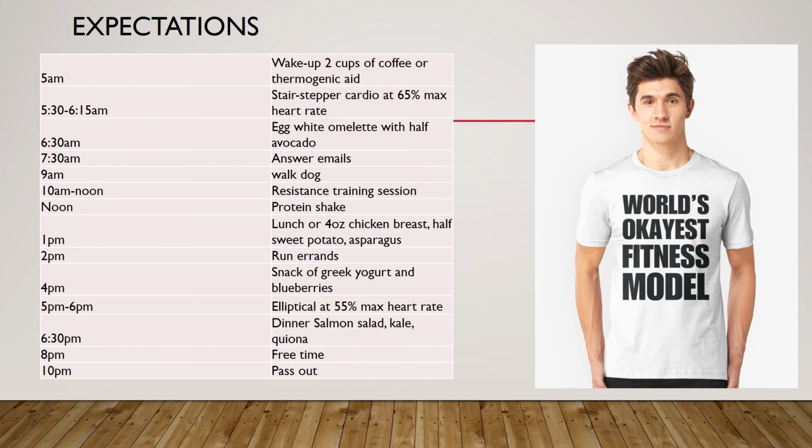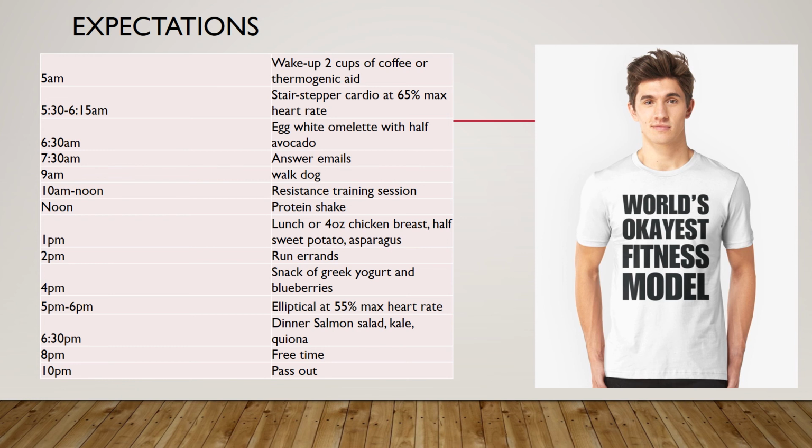So if we look at this right here, they wake up, 2 cups of coffee or some type of thermogenic aid. They would do a stair stepper, eat an egg white omelet. They might answer some emails, walk their dog, do some resistance training, then have a protein shake, then later on have lunch, which is just chicken breast, a sweet potato and some asparagus, then run some errands, then have a snack of Greek yogurt or whatever Instagram stuff people are into these days.